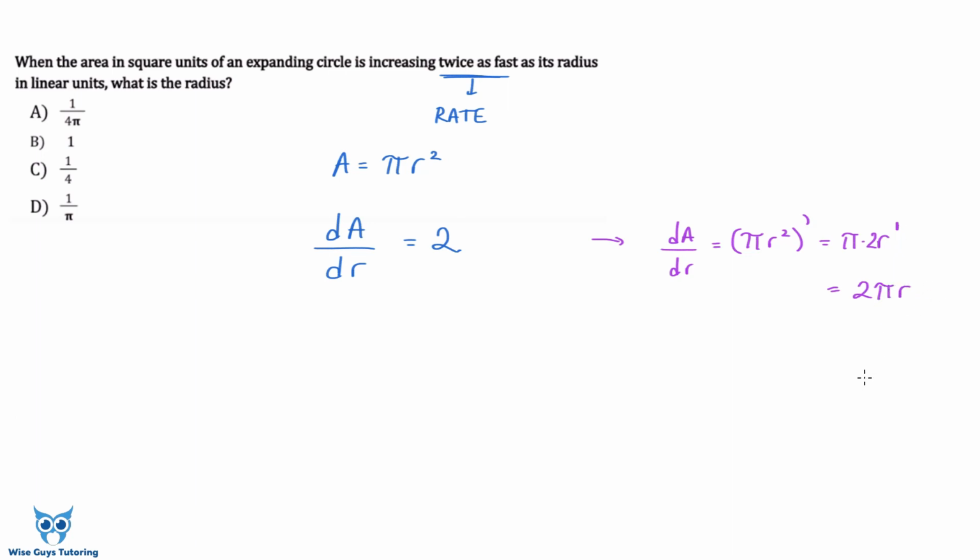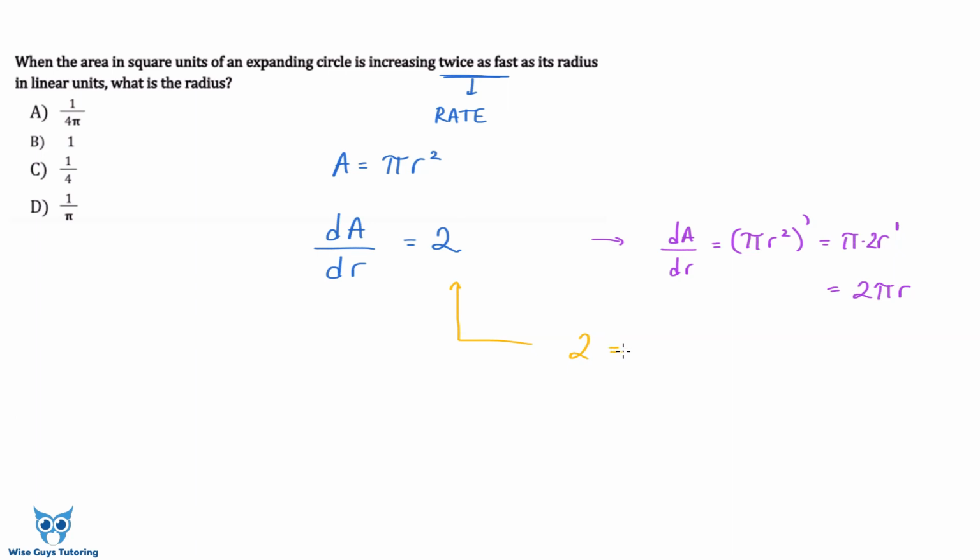R to the 1 is just r. So the derivative is 2 pi r. Now I'll take these two and equate them, right? I know that the rate of change, the derivative of A with respect to r, is twice as fast as the radius. That means dA over dr is 2. And I also know that the derivative, using my nice power rule, I get 2 pi r.